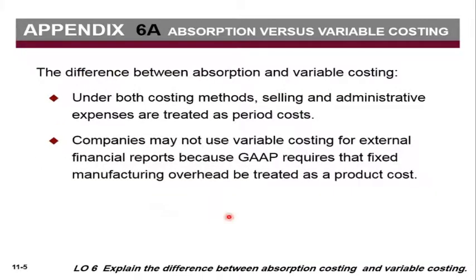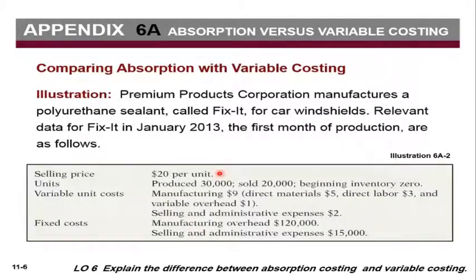Under both costing methods, selling and administrative expenses are treated as period cost, because they are non-manufacturing, non-inventoriable costs. Companies may not use variable costing for external financial reporting because US GAAP and IFRS require that fixed manufacturing overhead be treated as product cost, as we said in the previous slides.